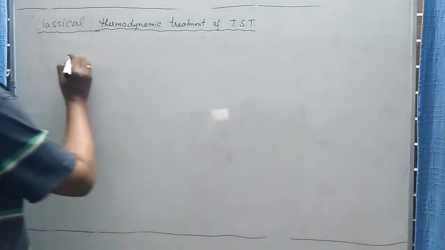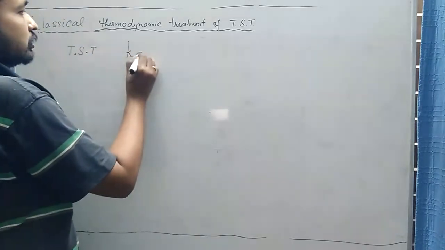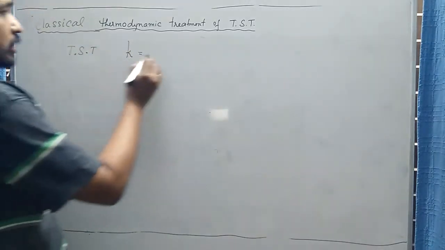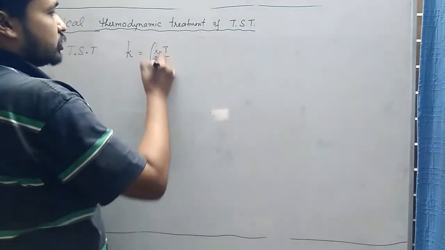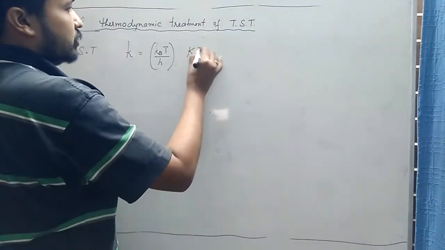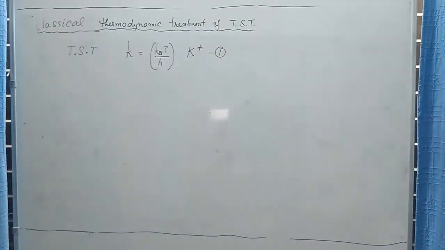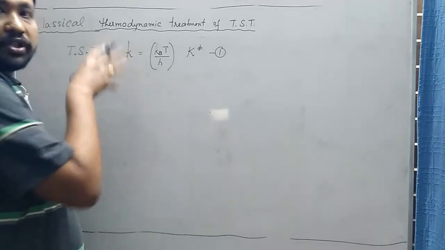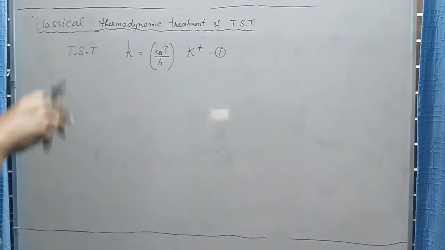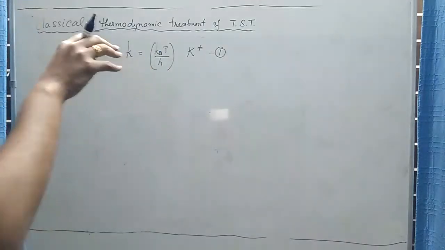According to transition state theory, the rate constant of a reaction k is given by kB into T divided by h into the equilibrium constant. Now, how is it possible to introduce a thermodynamic variable into this equation?